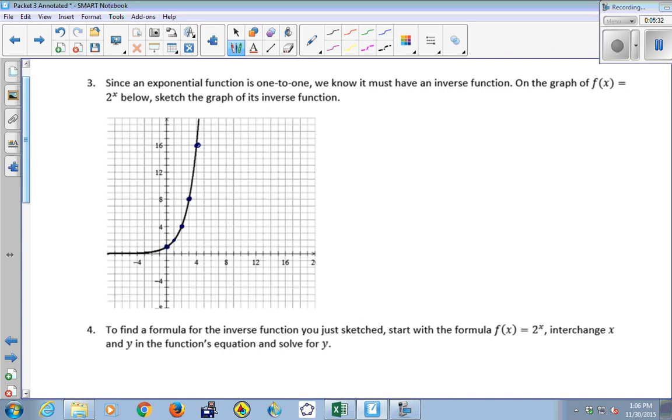So instead of 0, 1, I should plot 1, 0. Instead of 1, 2, I should plot 2, 1. Instead of 2, 4, I should plot 4, 2.